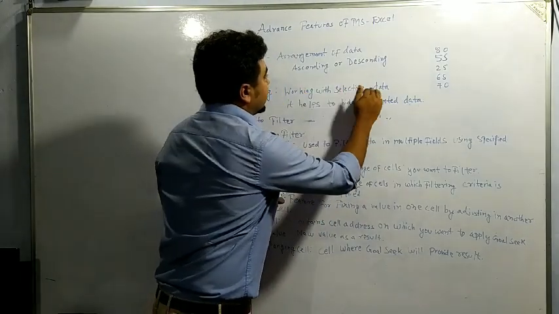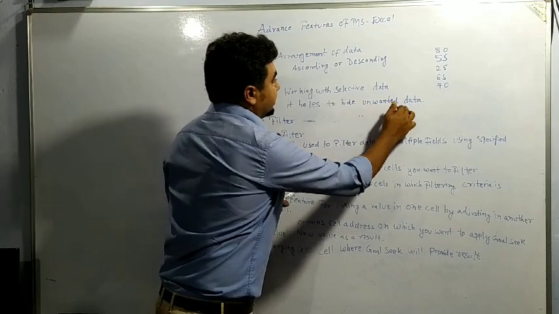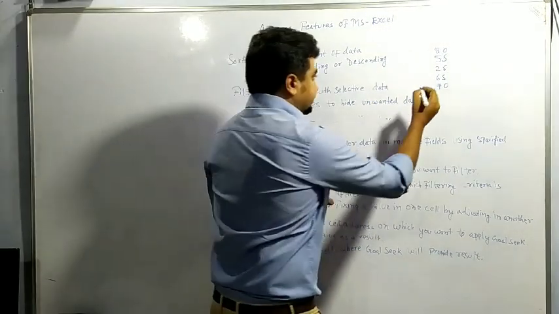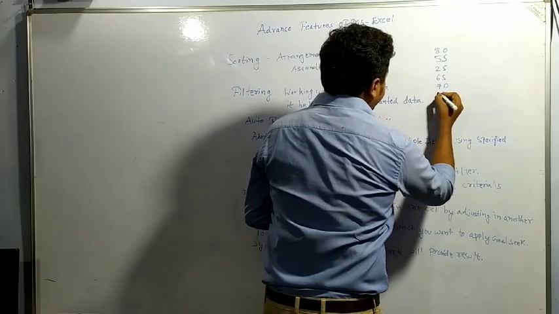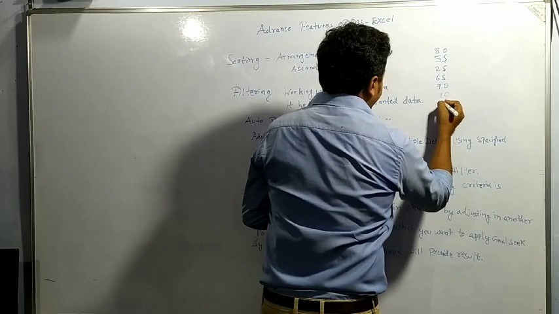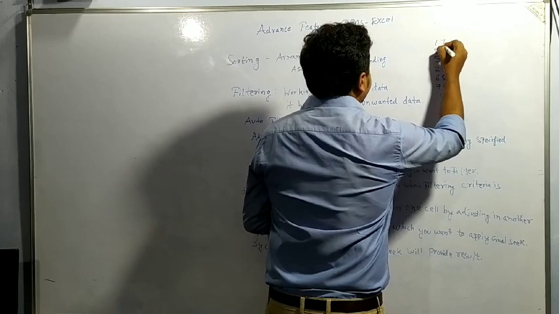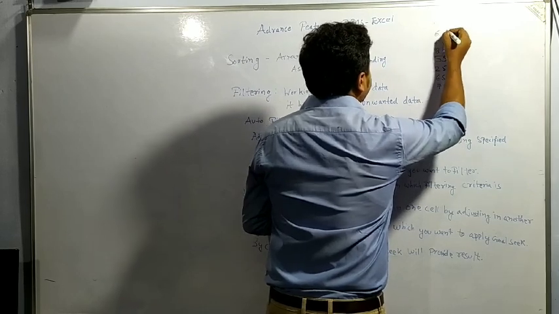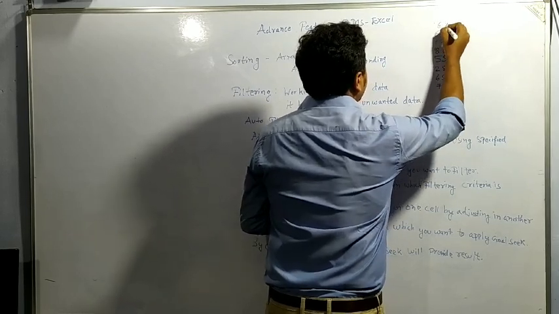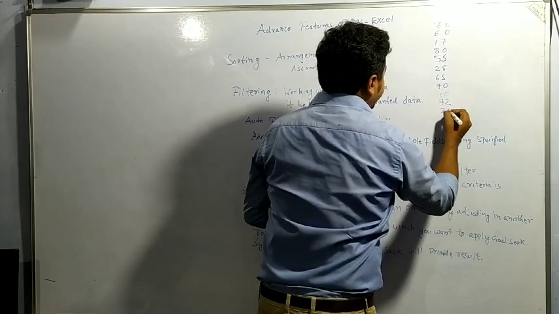Filtering means working with selected data. It helps to hide unwanted data. Suppose the marks given to us are 40, then 60, 72, then 17, then 60, then 62, then 35.